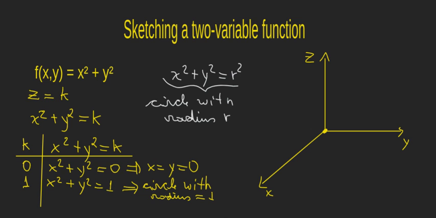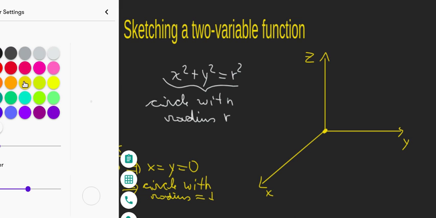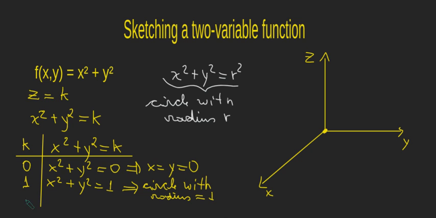So let's continue. Let me pick yellow, and I will put 4 now, because 2 and 3 do not have nice square roots. So here we'll have x squared plus y squared equals 4, and this is a circle with what radius?